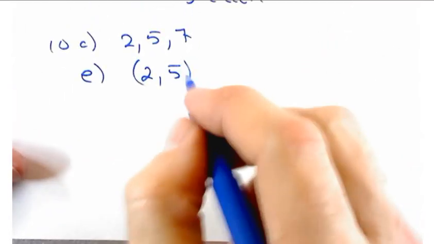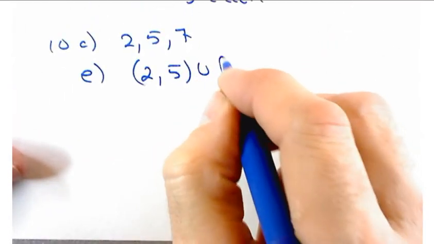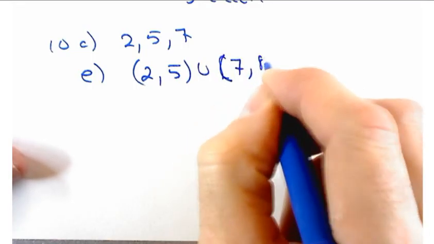So overall, problem number 10, C was 2, 5, and 7. 10E is 2 to 5 in parentheses, union, parentheses 7 comma 8.